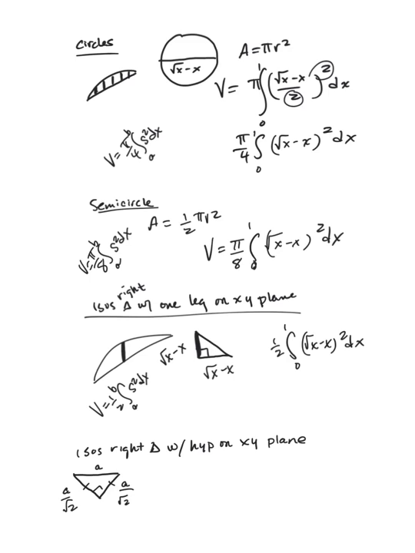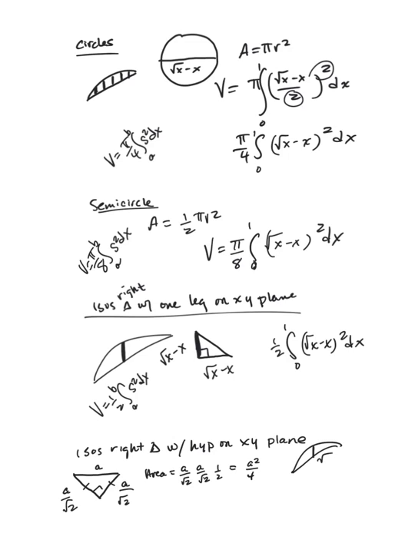Okay, so when we're talking about the actual area, the actual area would be a over rad 2 times a over rad 2 times a half, because it's a triangle. So this would be a squared over 4. But keep in mind that a itself, if you picture this, your a here is this hypotenuse, right?